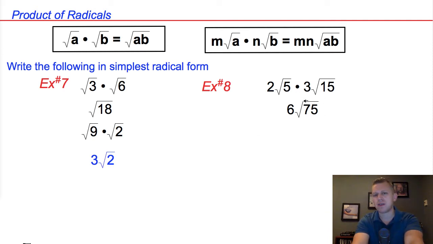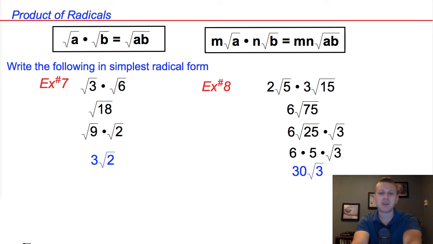Now I want to find the largest perfect square that goes into 75. The largest perfect square that goes into 75 is 25, so I can write this as 25 times 3. Notice the 6 didn't go anywhere. It's going to wait until I have another constant to multiply it by. Simplify our perfect square of 25 becomes 5, and finally I can multiply 6 times 5 and get 30.